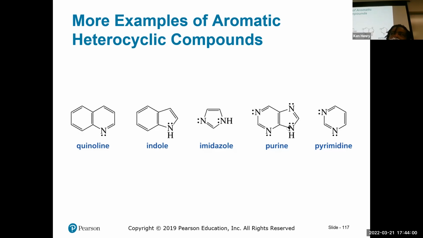So if you guys notice, pyrimidine and purine, all of these are components that are going to be found in the human body. These are part of the base of your DNA structure, the purine and the pyrimidine, right?